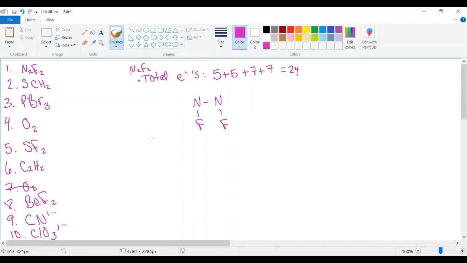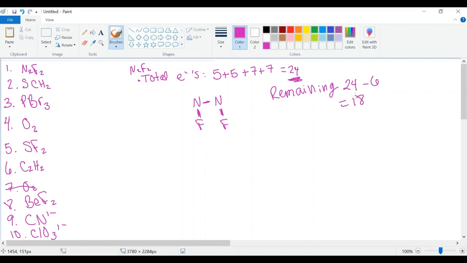So then from here, when I have my skeletal structure, the next step is always to figure out how many remaining electrons I have. I had 24 total, and now I have 2 in this bond, 2 in this bond, and 2 in this bond. So remaining, I have 24 minus 6.